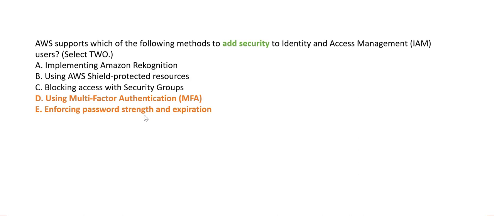Plus, if you have an iPhone or any mobile phone, Android phone, you will see it has multi-factor authentication or two-step authentication. Rekognition is used for ML to scan images. Shield is providing DDoS protection. Security groups is kind of a firewall. So these three are wrong options.